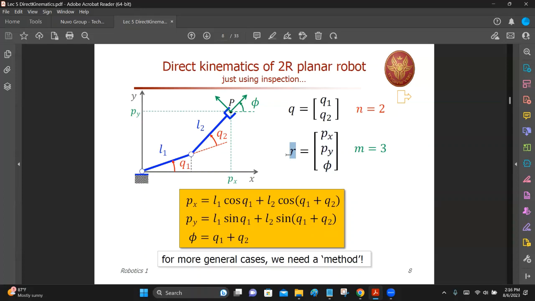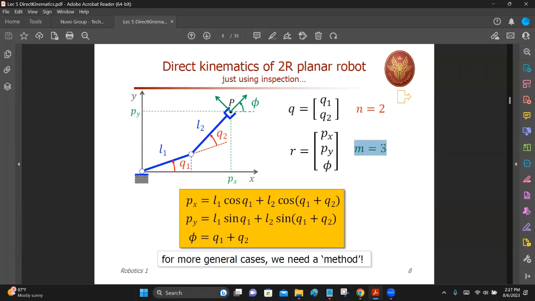Now, if you look at these two equations here, the number of degrees of freedom or number of actuated joints is 2, so n equals 2. And R, apparently px, py, phi, is 3. So this seems to be a violation, since earlier we said n has to be greater than or equal to m. It seems violated here, but it's not actually violated.